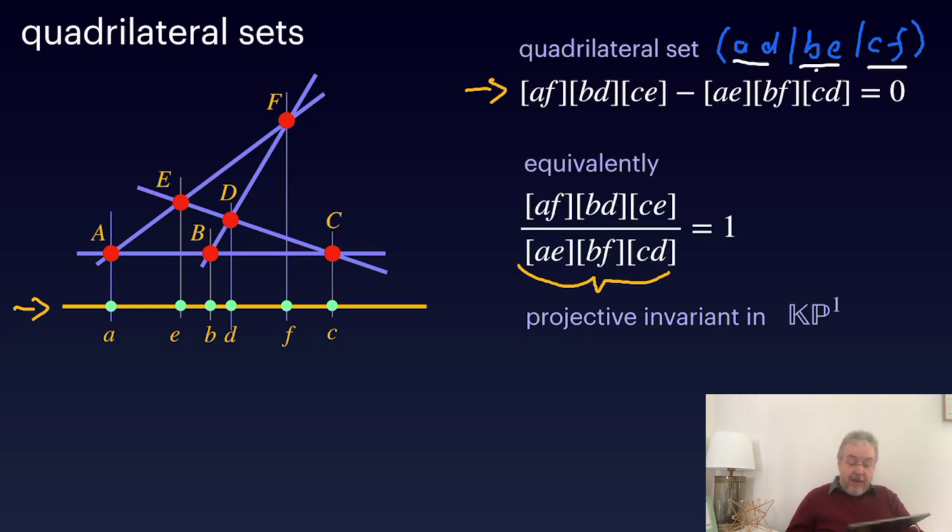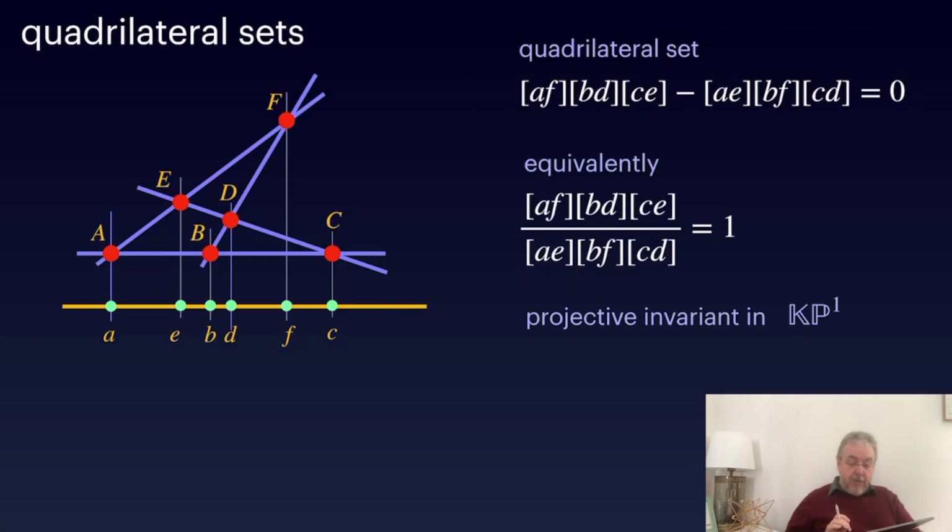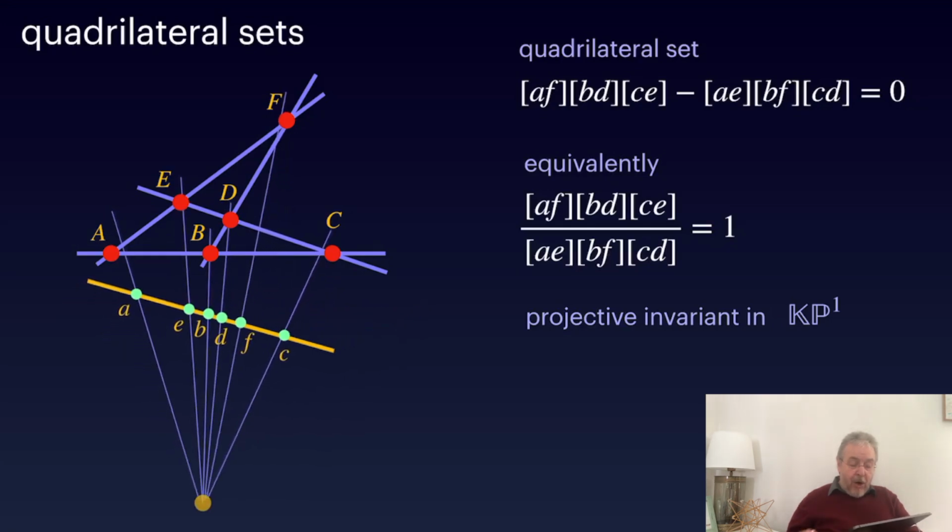So we don't even have a characterization for this orthogonal projection. Everything we do is now projectively invariant, which means the same reasoning would also apply if we wouldn't do orthogonal projection, but if we would do a central projection.